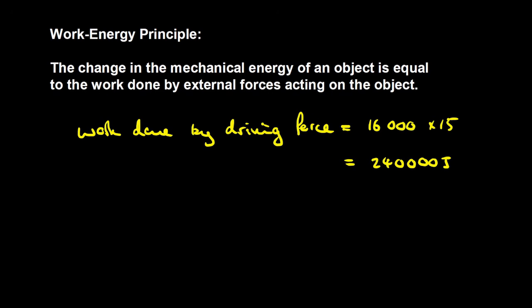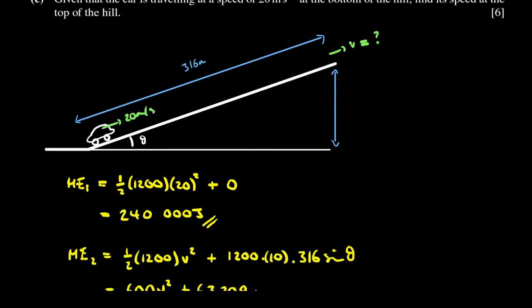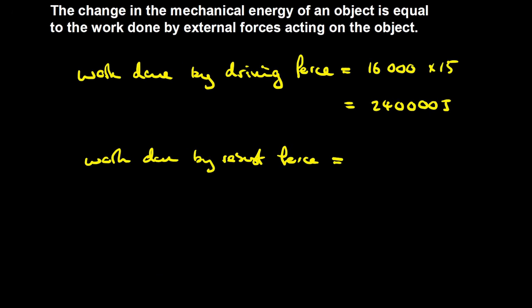And we now also know that the work done by the resistive force is equal to, what was it? 128,400. So that's going to be negative, isn't it? Because that's going to be decreasing our mechanical energy. So what can we say?